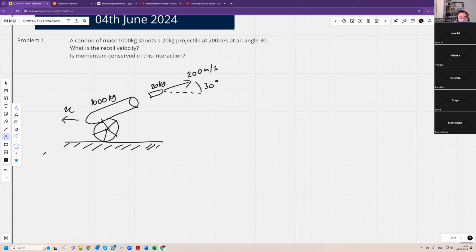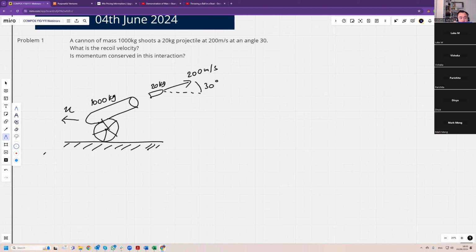So no horizontal external forces means momentum is conserved horizontally. Okay, so all the momentum in the horizontal direction will be conserved.